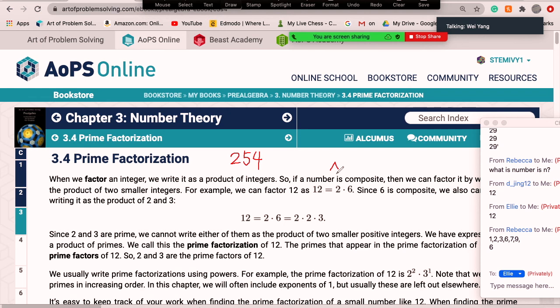Suppose you try to write 2 power 3, you can type 2, then this sign, then 3. That means 2 power 3. What's the question? Find the prime factorization of 254.